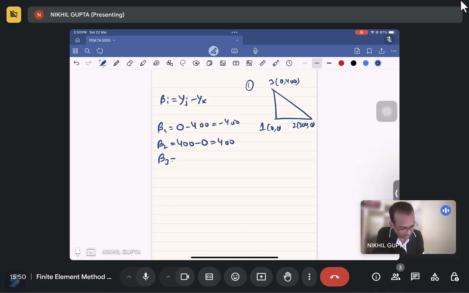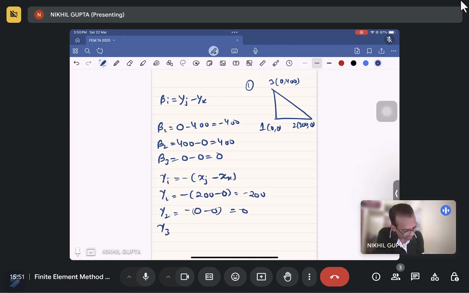Beta 3 is 0 minus 0. And gamma i, we know it is xj minus xk. So gamma 1 is minus 200 minus 0, which is minus 200. Gamma 2 equals 0, and gamma 3 is minus of 0 minus 200, so it is 200.